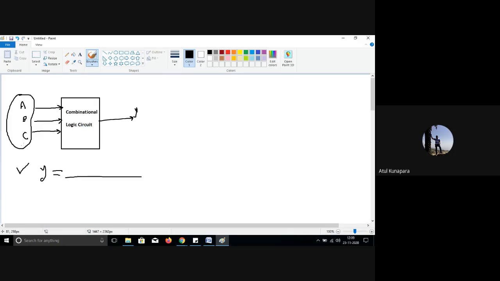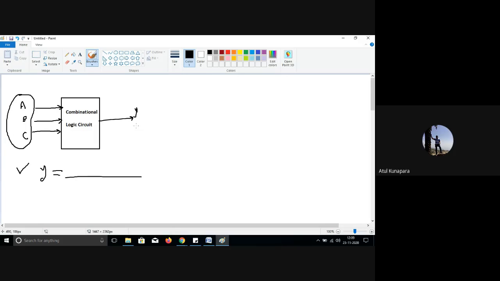And that is only for the present state. What do I mean by present state? Present state means the time at which I'm getting the value of Y, at that same time the value of A, B, C is the only thing affecting Y. What value was given to A, B, C in the past is not going to affect Y. That is what a combinational logic circuit is.